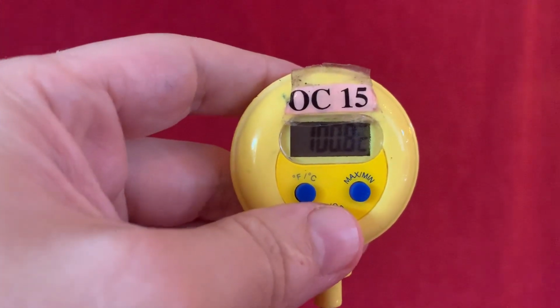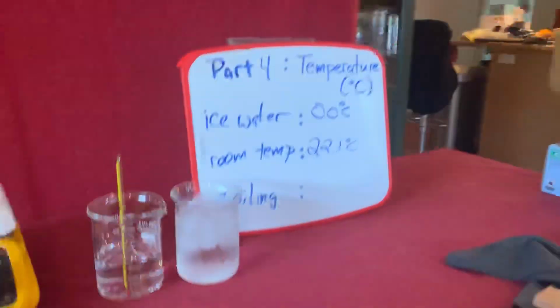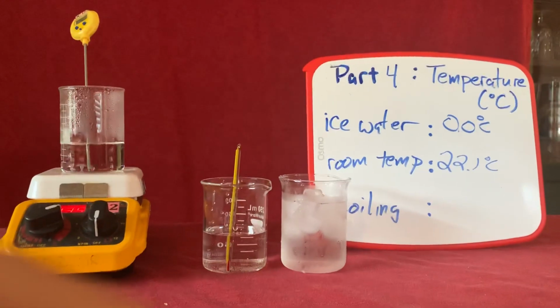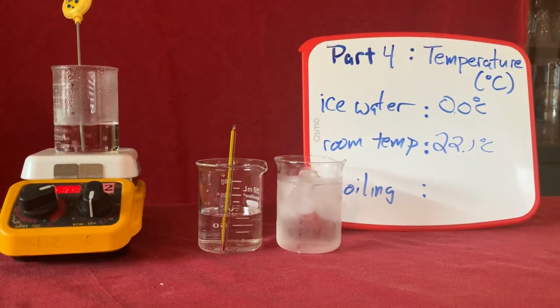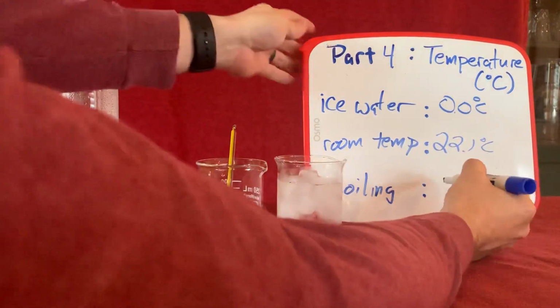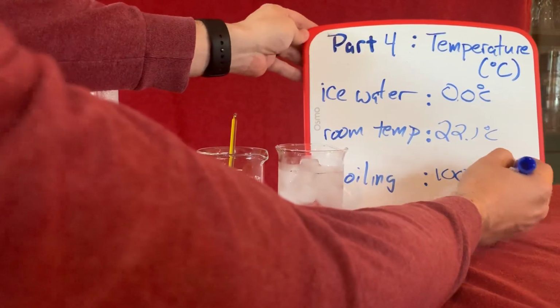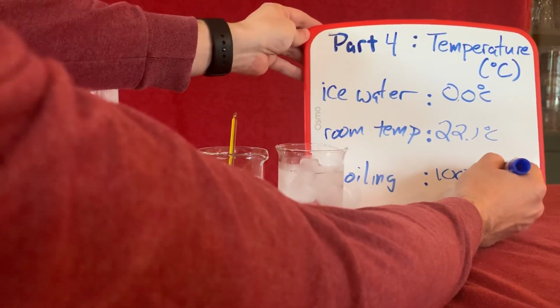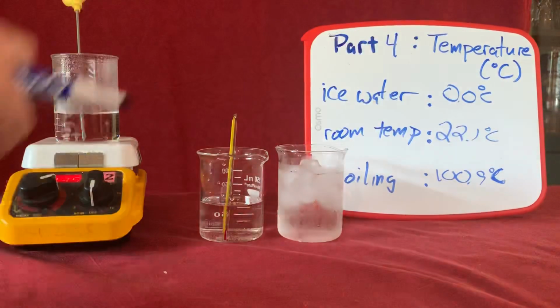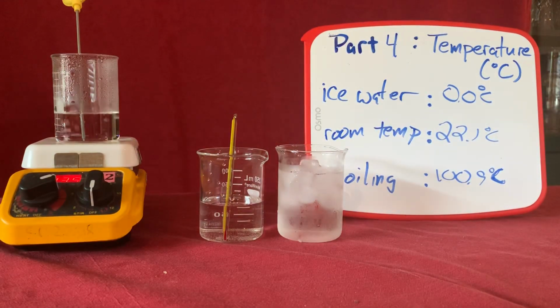We'll call that 100.9 degrees Celsius. So we had a nice steady beat for a few seconds there. You will run into scenarios where there'll be some slight changes in your reading. And what you want to look for is a space where it's consistent and seems to steady for a bit.